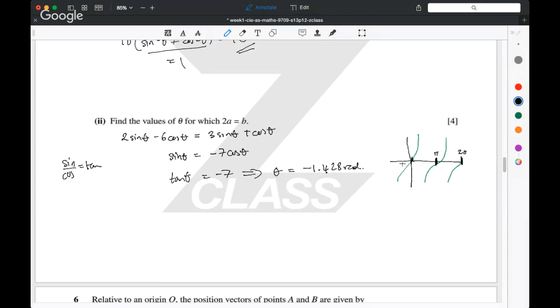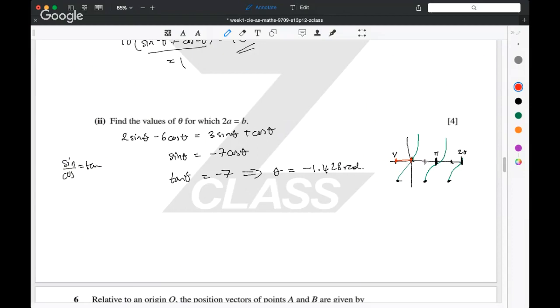And minus 7 is sort of down here, right? And the value that we were given was here. But we want this value and this value. So we can easily obtain that, right? We know this value that we were given is 1.428 radians away from below 0.